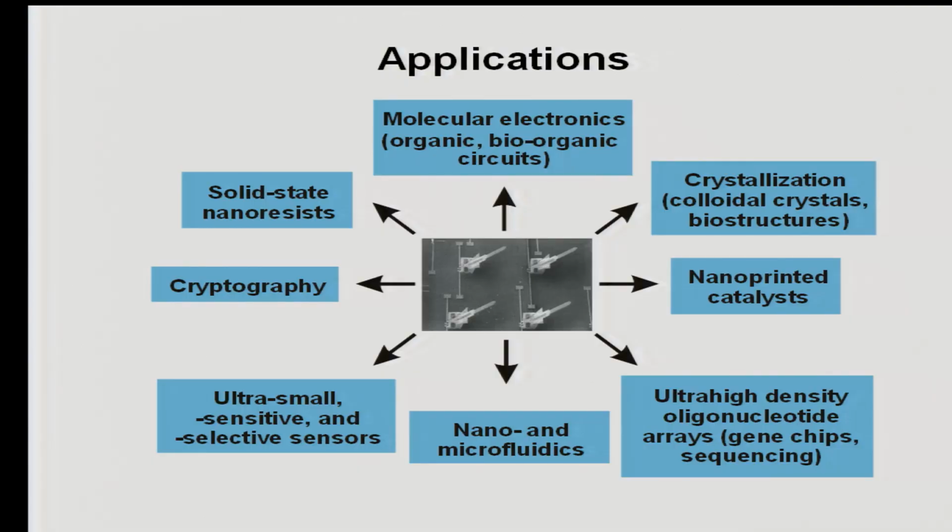Or you can think of defense applications where people could be leaving explosive materials, and so this could be a very effective way to detect explosives. The other application where we had a big breakthrough was in nano imprinted catalysts, where we deposited catalyst particles on a surface and we could grow carbon nanotubes or graphene at very low temperatures, and that revolutionizes the whole manufacturing paradigm for these types of nanoparticles.